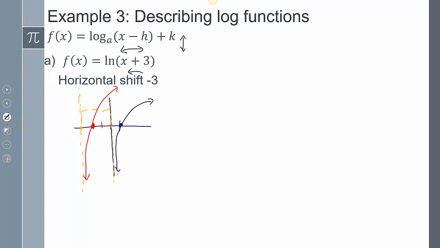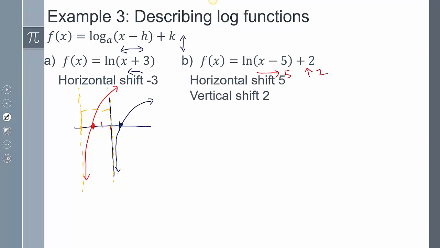Now, if the question asks you to do a few more points, you're going to have to do a few more points for that. This one, ln of (x minus 5) plus 2. Well, this one shifts over positive 5, and it's going to move up 2. So I'm going to horizontally shift 5 spaces and vertically shift up 2 spaces. Putting these on the number line, if I wanted to visualize this, we're still starting at (1, 0), and I do get that image. And then we still have that asymptote there.